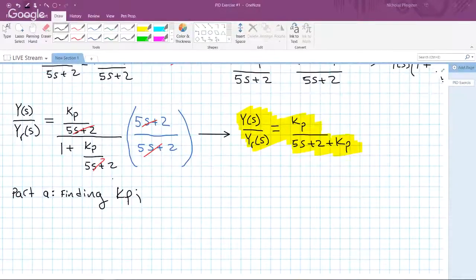For this problem, whatever that s is, that is where the pole location is. In this case, it's a first order. That s has no exponent besides 1. So there's only one solution to the problem, and you make it equal to 0, you figure out what your 0 is, and you find out it's only on the real axis. And I'll show you in a moment.